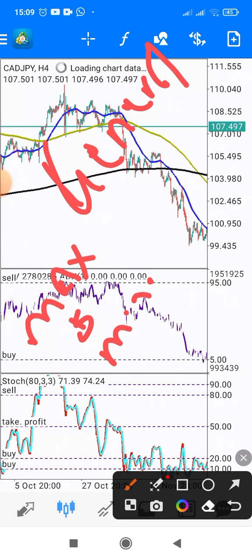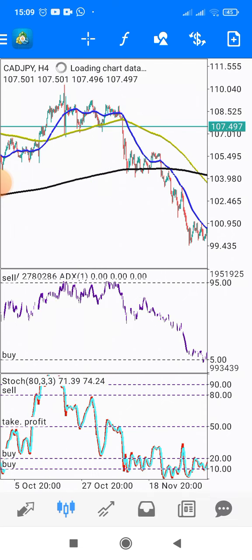The second window gives me the entry. That is the purpose of having these three: the main chart, window 1, then window 2.